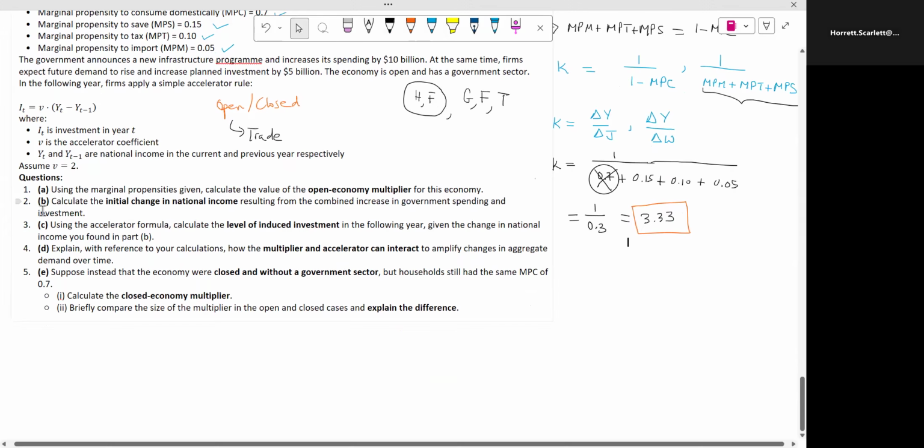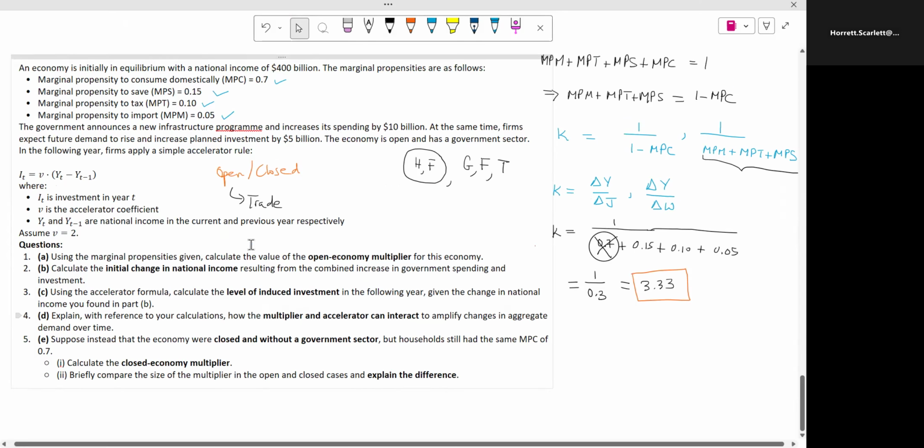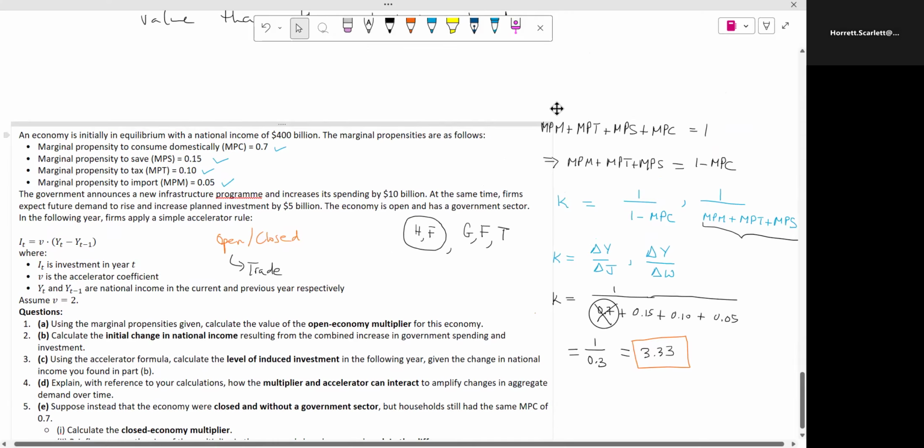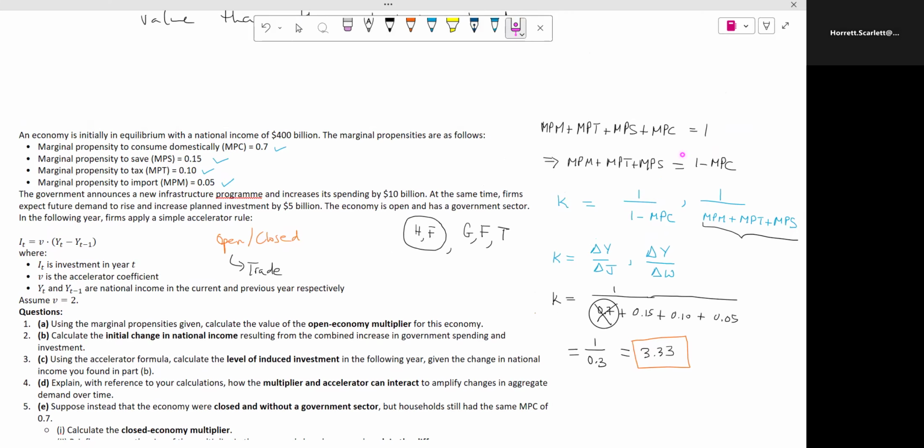All right, now it's asking us in B to calculate the initial change in national income. And this initial change is going to result from the increase in government spending and investment. So just looking back at the problem, it tells us here that the government has introduced a new infrastructure program.